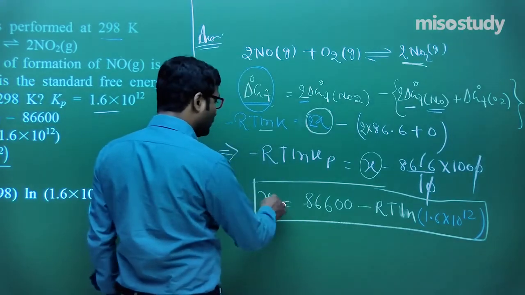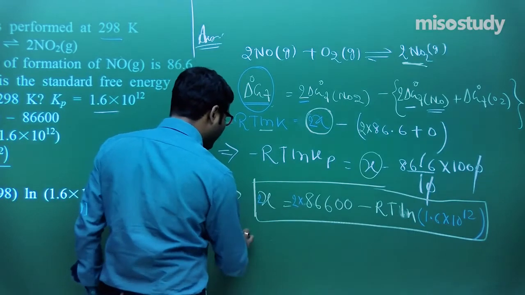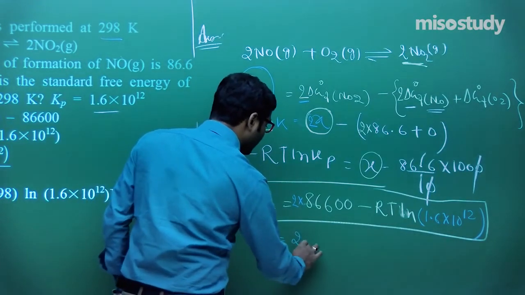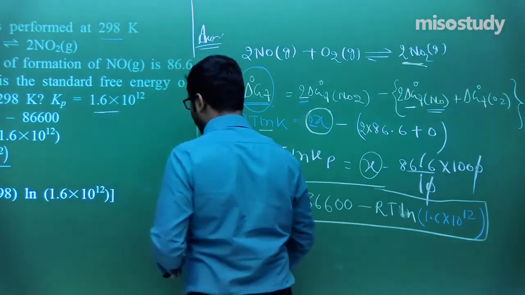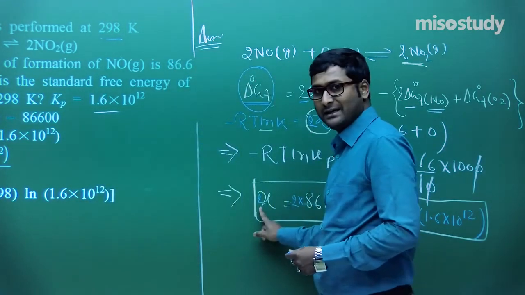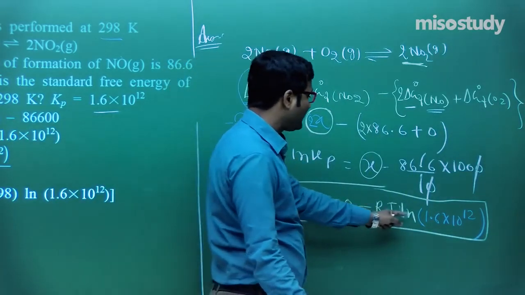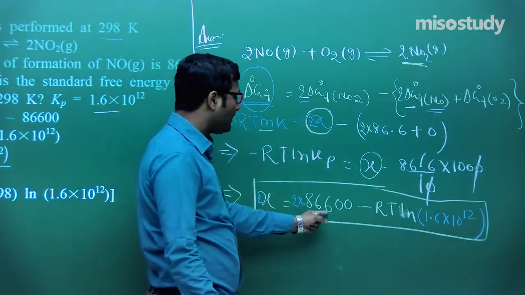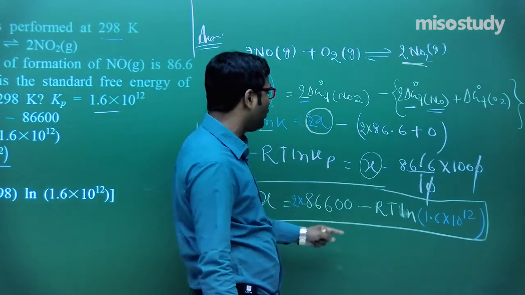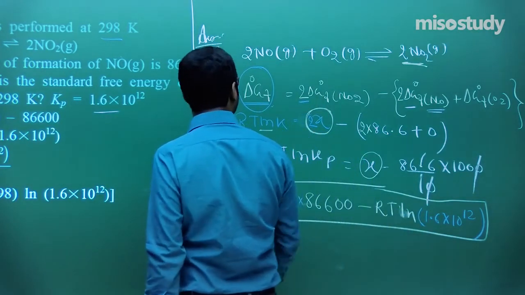Now 2x is equal to 2 multiply 86600 minus RT ln Kp. Now x is equal to, what will happen? 1 by 2, 2 multiply 86600 minus RT ln 1.6 into 10 to the power 12.